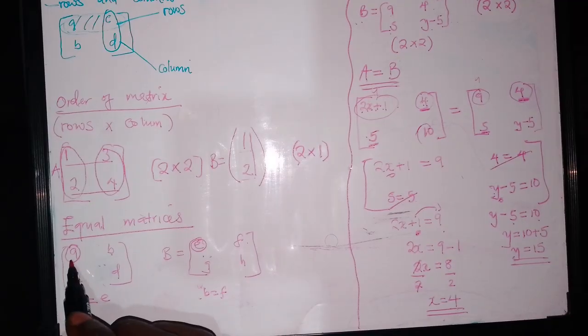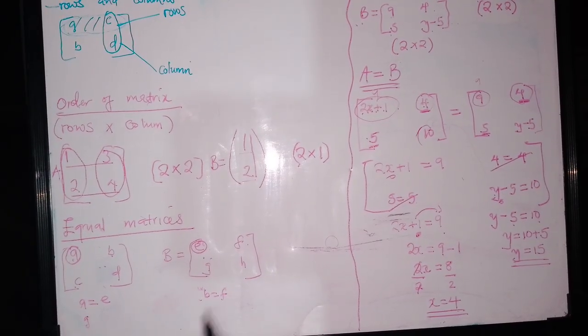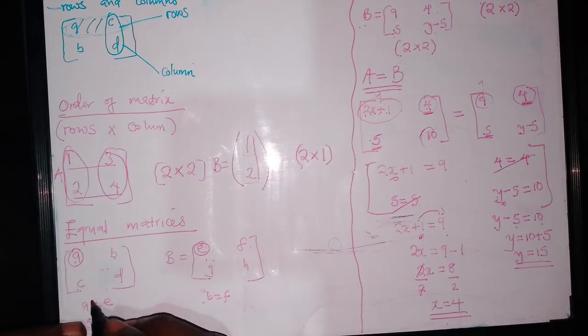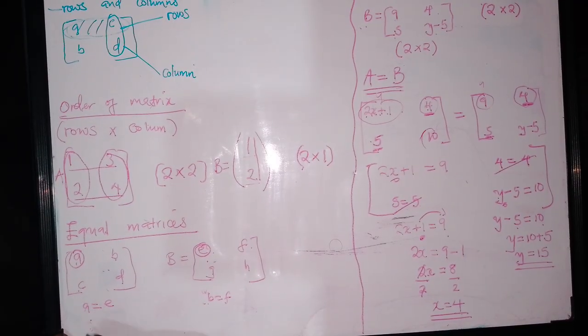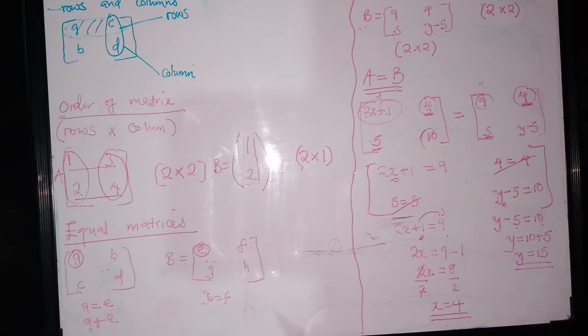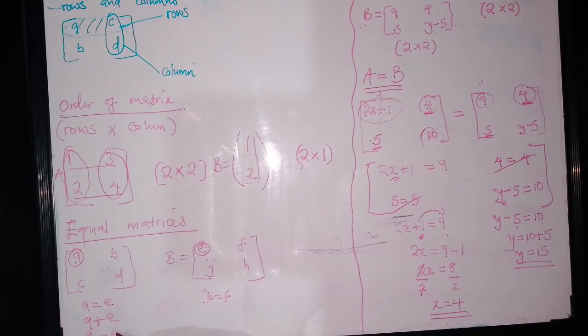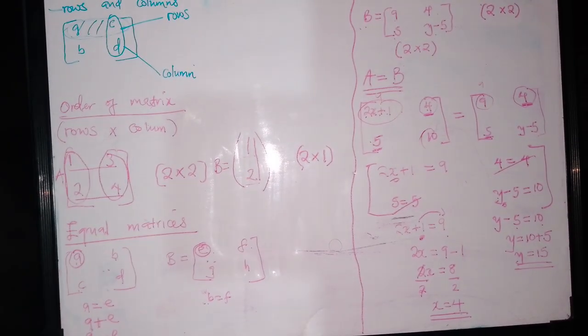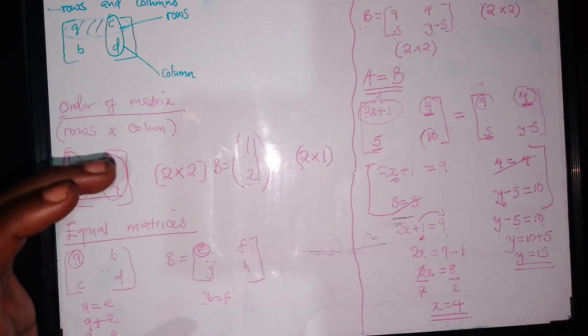If we are equating A to E, meaning if we are adding the matrices, you just say A plus E. Again, if you are subtracting, you just say A minus E. So this is how you can subtract and add matrices.